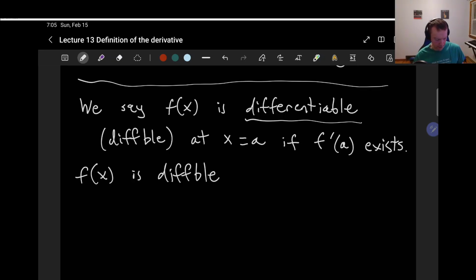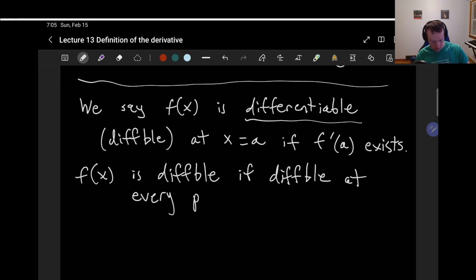And I'll abbreviate that. And need to be a little specific, every point in its domain. So any point where the function itself exists.